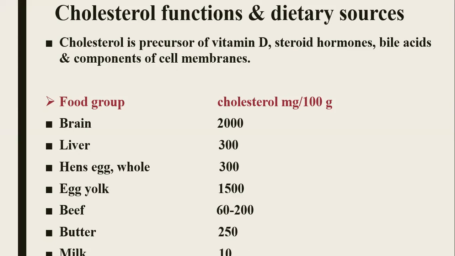If you see, 100 grams of brain contains approximately 2000 milligrams of cholesterol. 100 grams of liver provides approximately 300 milligrams of cholesterol. A whole egg contains approximately 300 milligrams of cholesterol, and 100 grams of egg yolk contains 1500 milligrams of cholesterol.